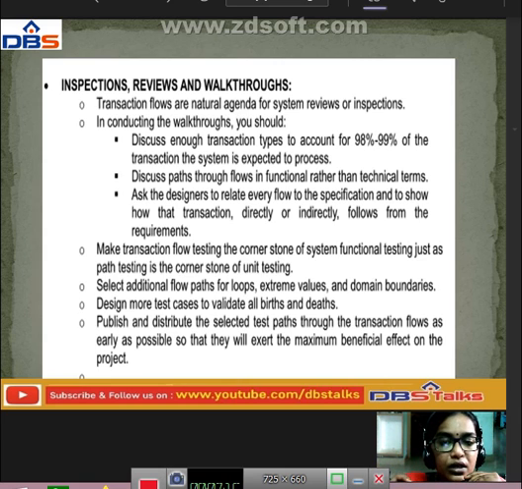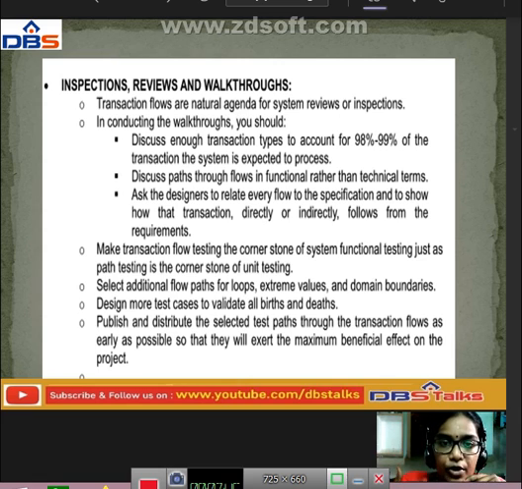In order to conduct the walkthroughs, you have to discuss enough transaction types to account.